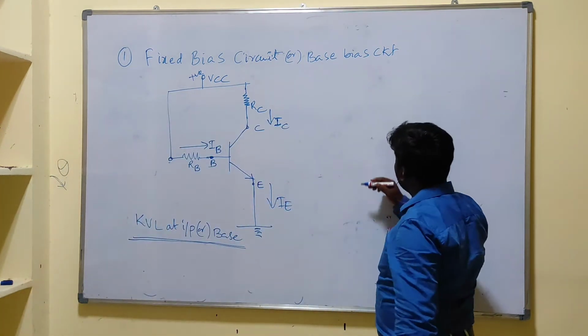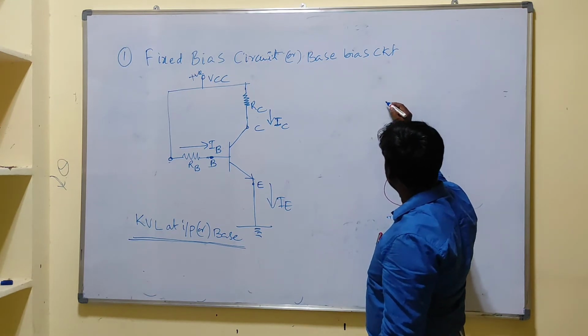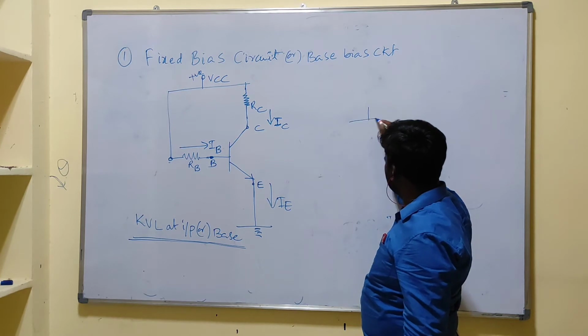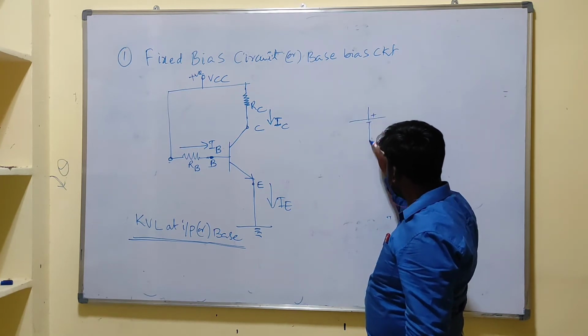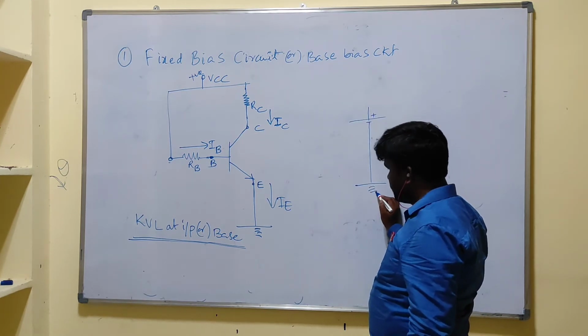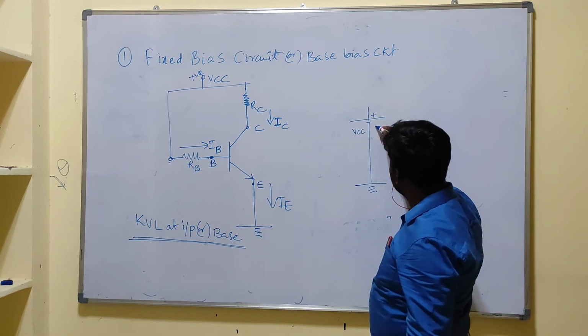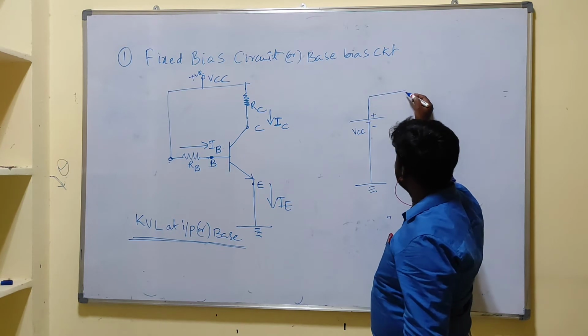So I will draw that. Positive VCC, and negative is connected to ground, meaning that it is connected to the emitter.